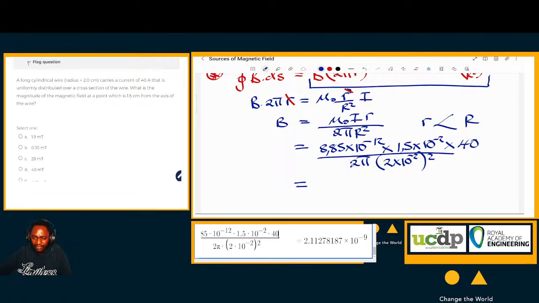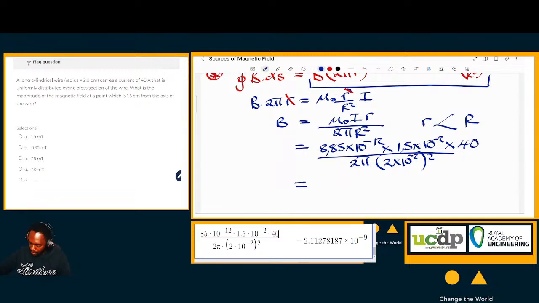Okay, the value that I'm getting is too large than I expected.